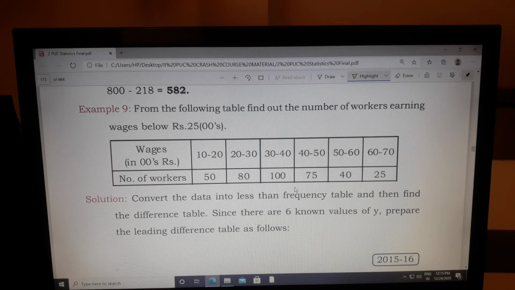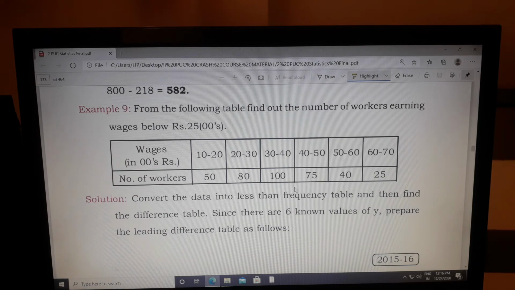We call them LCFs only if the class intervals are given in terms of less than, below, under, up to, like that. If it is in order, they are LCFs. But here wages are given as normal frequencies, so obviously the number of workers are also normal frequencies only.